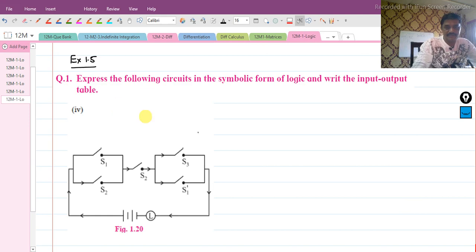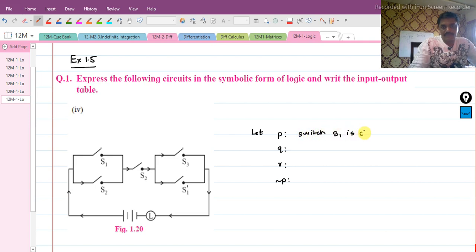Let there be S1, S2, S3, so accordingly this will be P, Q, R, and there is S1 dash, so let me say it is negation P. This is switch S1 is closed, this is switch S2 is closed, this is switch S3 is closed, and this is switch S1 dash is closed. I hope this is clear.